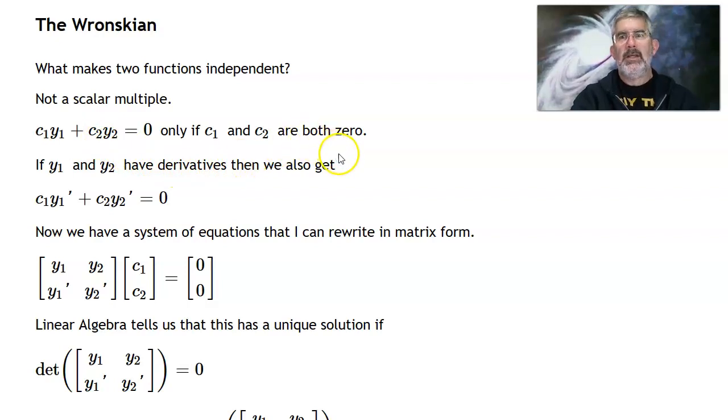Now, in the case where y1 and y2 have derivatives, which is the case we will be in because we'll be looking for functions that are solutions to second-order differential equations, so not only do they have derivatives, they're going to have second derivatives. So the functions we'll be dealing with certainly will have derivatives.